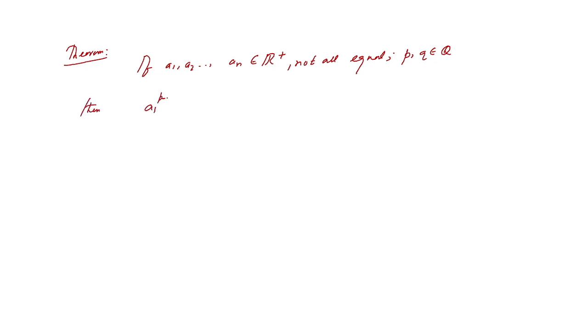the inequality is: a1 to the power p plus q plus a2 to the power p plus q plus dot dot an to the power p plus q, by n.